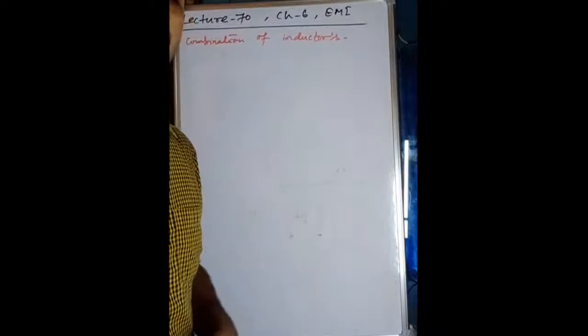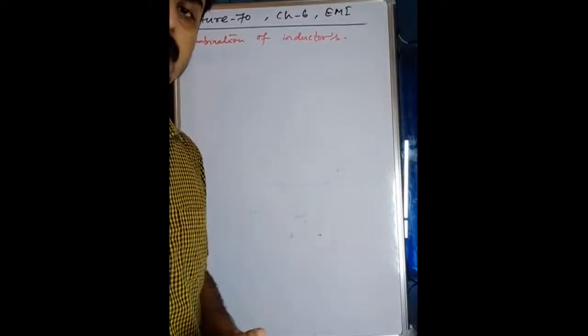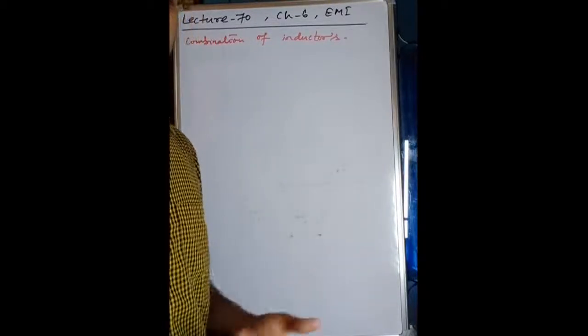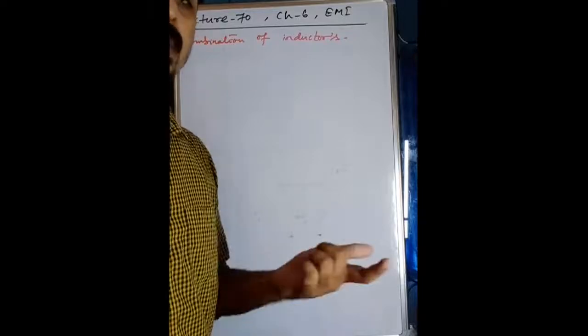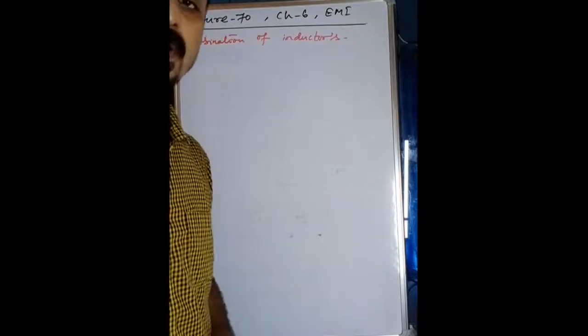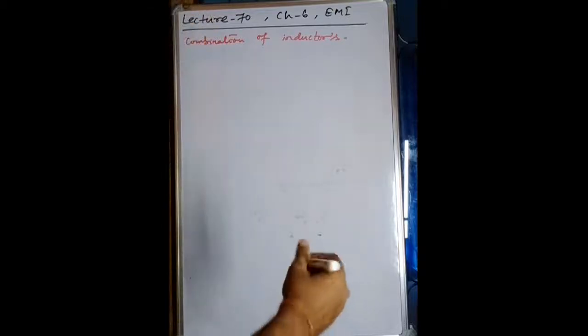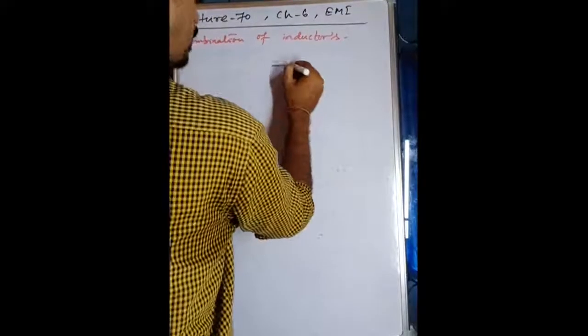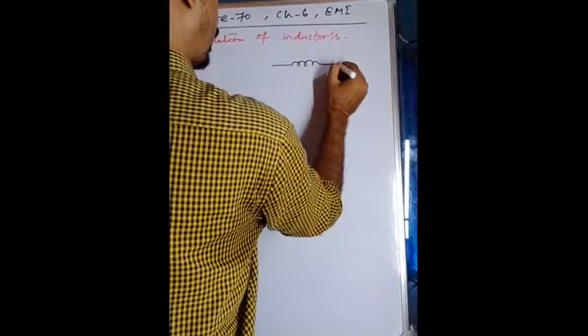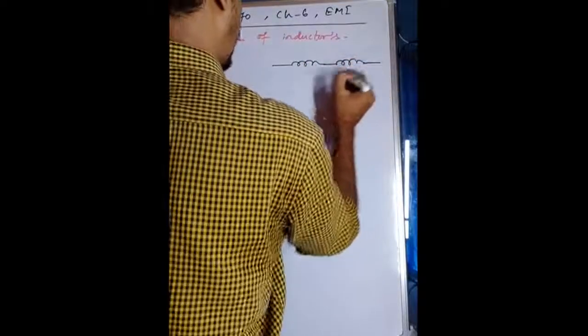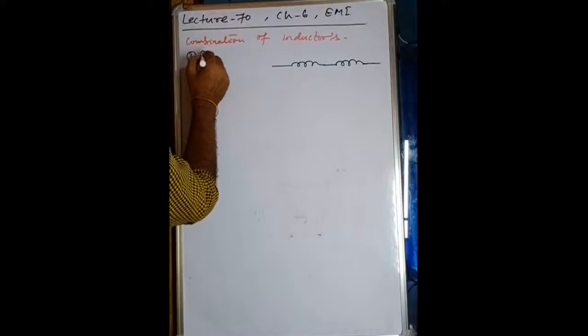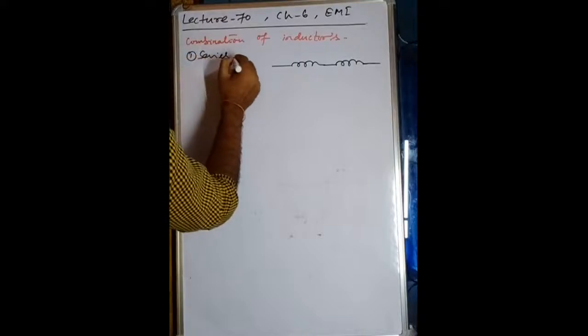If we are using two or more than two inductors simultaneously, then can we arrange one inductor on behalf of those multiple inductors? This is our aim. So here the two inductors we are connecting in series. First we are going to start the series combination.